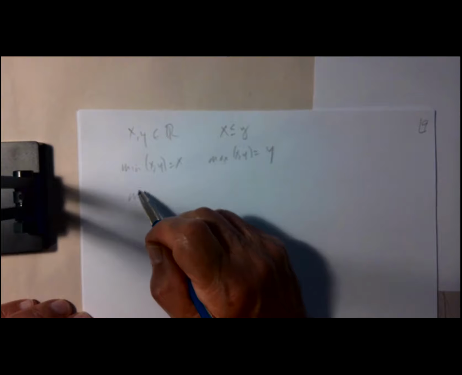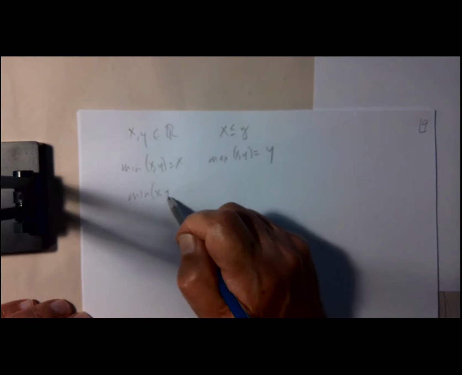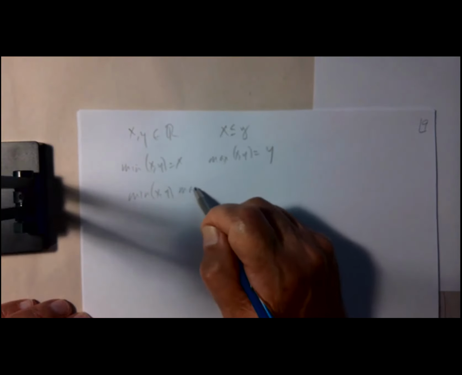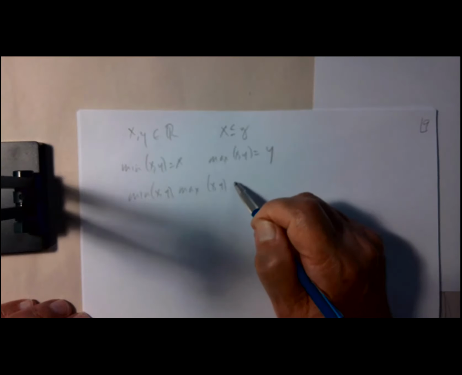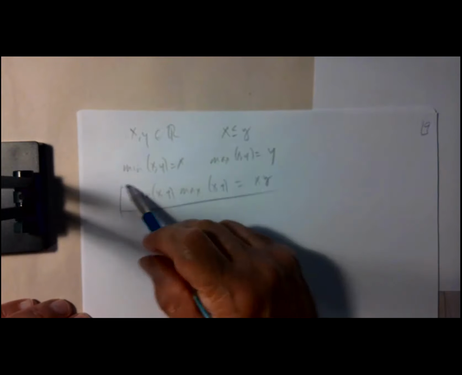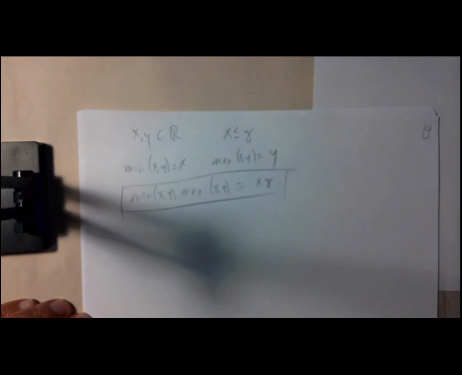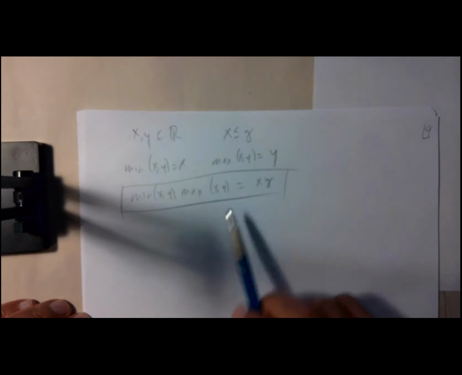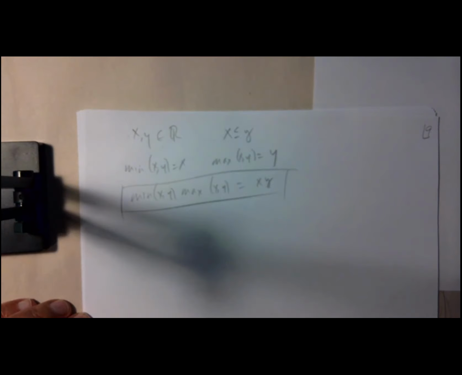So if I take the minimum of X and Y times the maximum of X and Y, that's the product of X times Y. So for any 2 real numbers, positive, negative, 0, doesn't matter, I have this kind of simple rule.